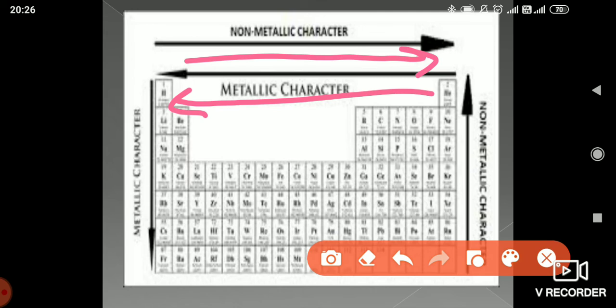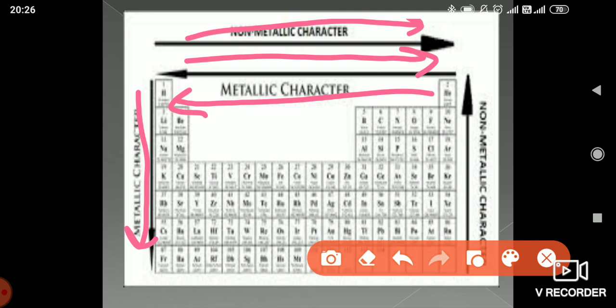We all know that metals are electropositive and non-metals are electronegative. So if you see that non-metallic character is increasing, it means the electronegativity of elements is also increasing. And if the metallic character is increasing when we move in a group from top to bottom, it means the electropositive character is also increasing.